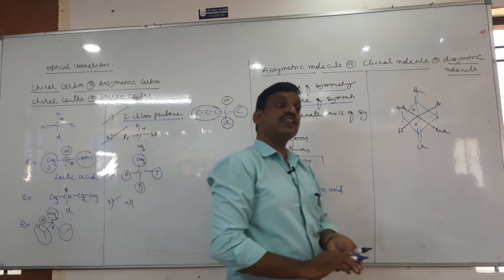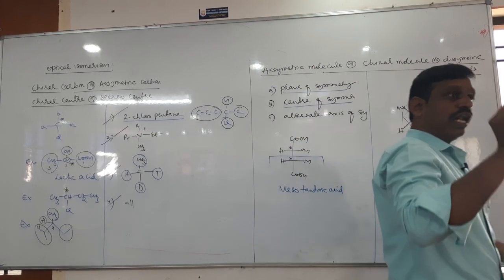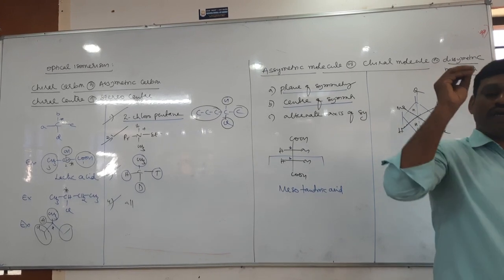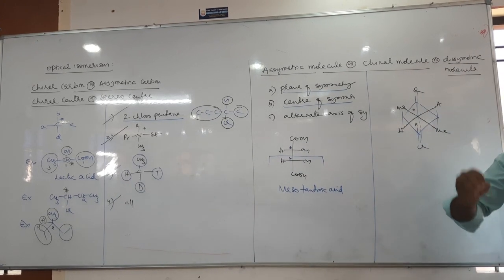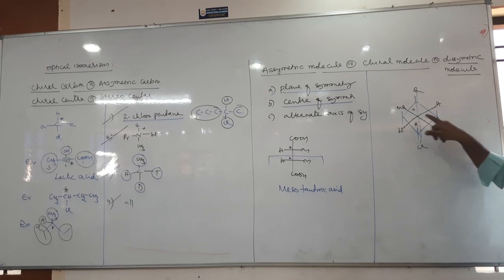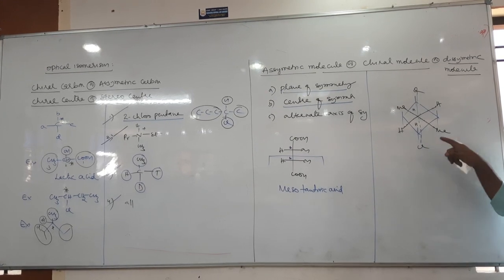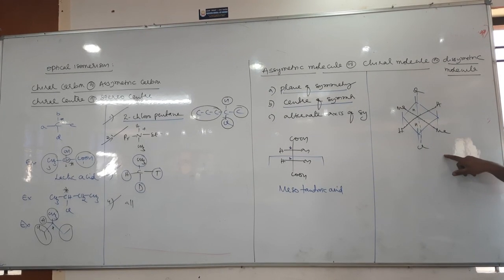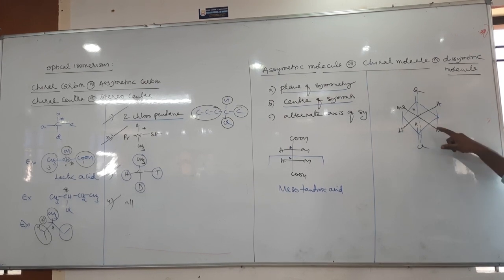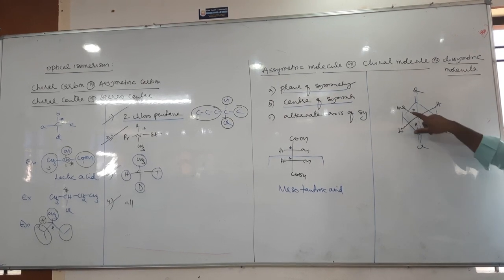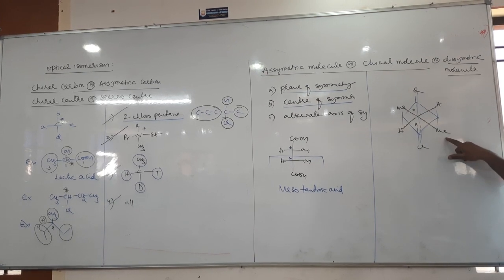So when the molecule has a center of symmetry, an imaginary line or axis passes through the center, and the identical groups must be present at the same distance from the center, like from the center to methyl, same distance; chlorine, hydrogen, same distance.